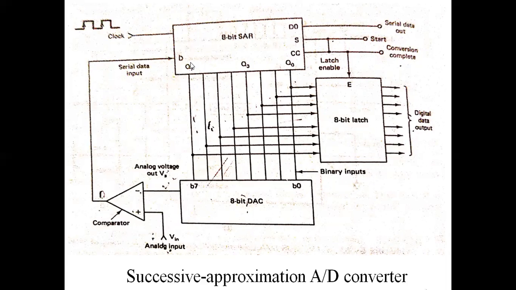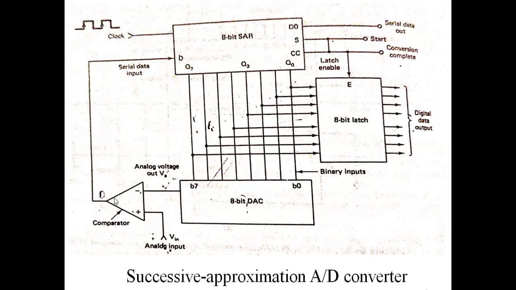In any case, on the next clock pulse, the low to high transition, the SAR will set the next bit, Q6.